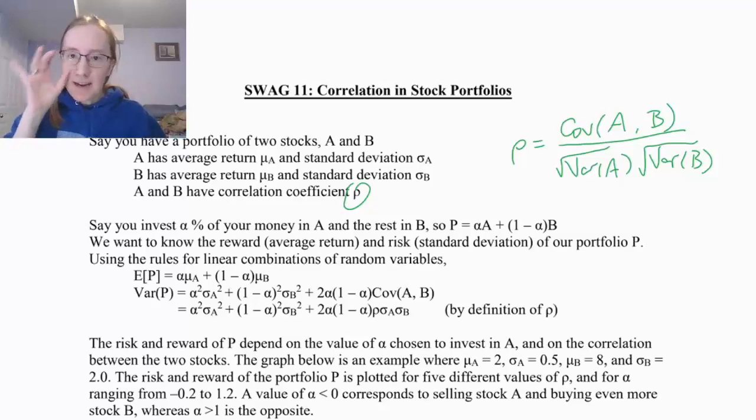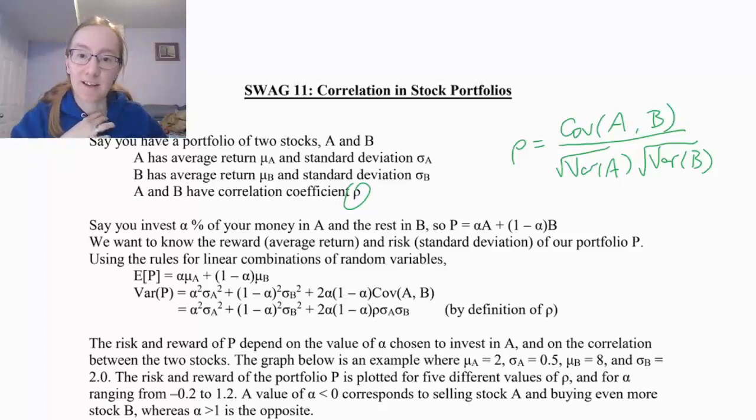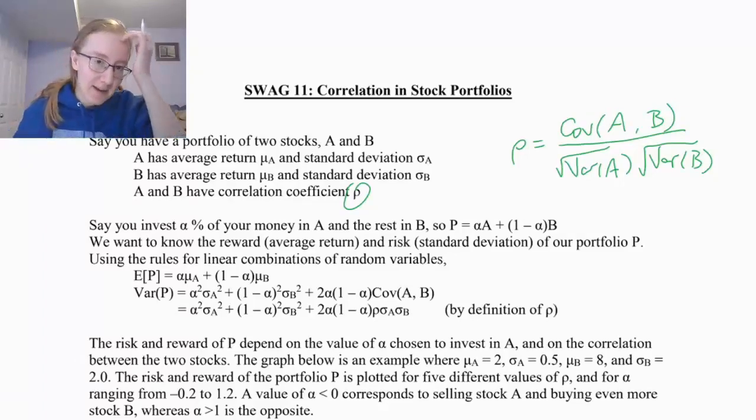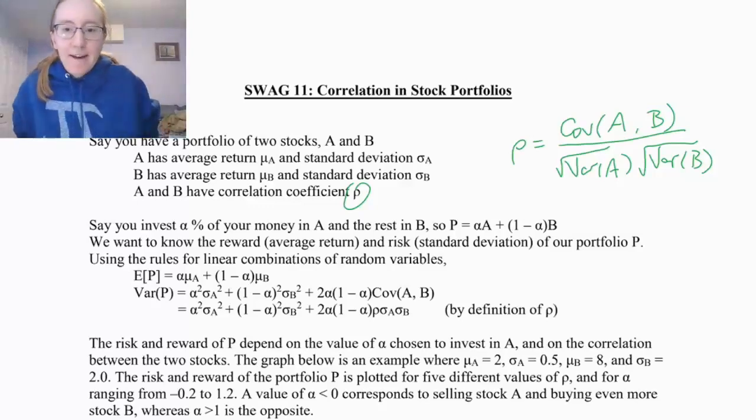Covariance can be anywhere between -infinity and infinity, so you can interpret more than just its sign. The actual numerical value of the correlation is more interpretable, and that's why it's a nice thing to have.